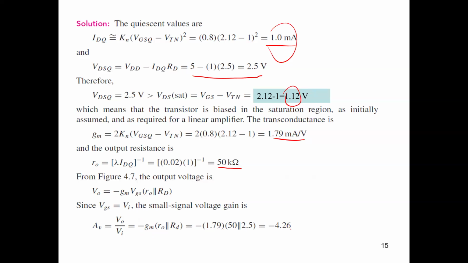So the total gain is minus 4.26. This means, guys, when you apply a signal to this circuit, it will be amplified 4.26 times, but take care, it will be inverted.